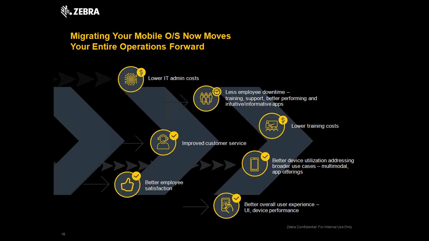If I can give somebody a tool that they're familiar with in their outside-of-work life and make that tool productive in their work life, that's a big win right there. It results in immediate gains in productivity. It results in immediate gains in employee satisfaction. And we think of these as soft benefits.